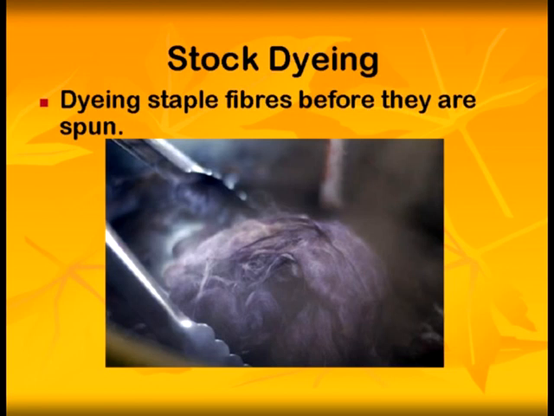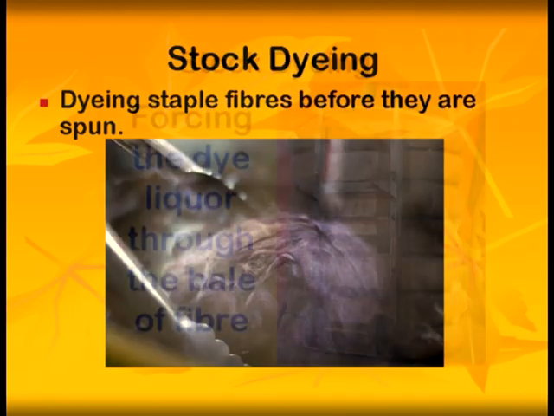The old method consists of transferring the stock of packed fibers from the bale into large vats and circulating dye liquor through the mass of fiber at elevated temperatures.